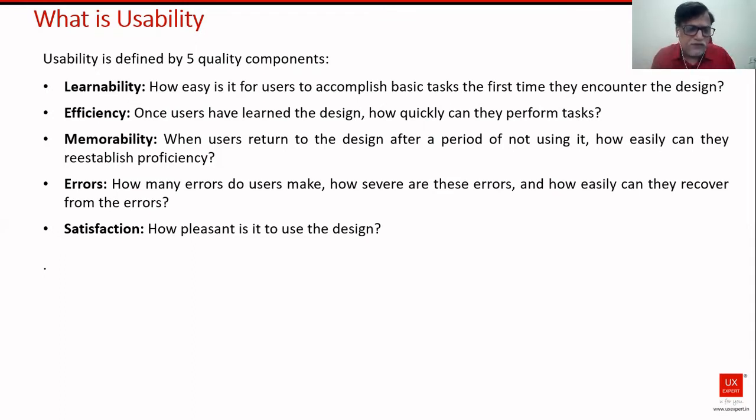Efficiency, memorability: it is related to learnability. Once you have good learning, the user can remember, and both indirectly affect efficiency, because everyone wants a product to be used efficiently, and efficiency is linked to productivity, because every product owner and stakeholder wants revenue from that product.